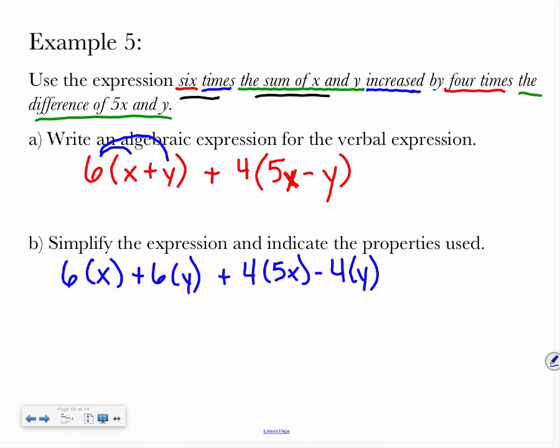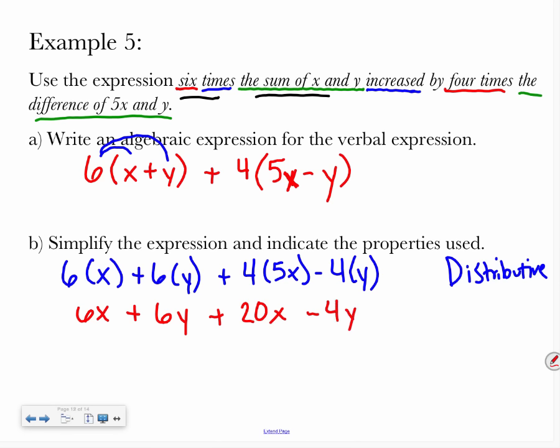Okay, so I have distributed. The next step, what is 6 times x? I can just leave that as 6x plus 6y plus, what's 4 times 5? That's 20x minus 4y.